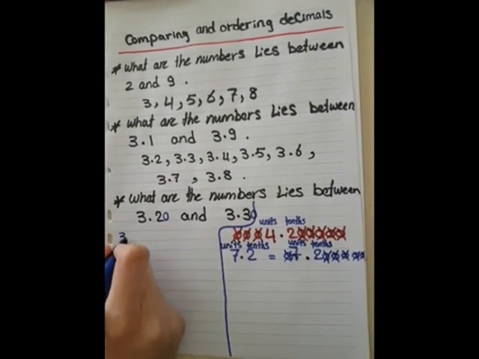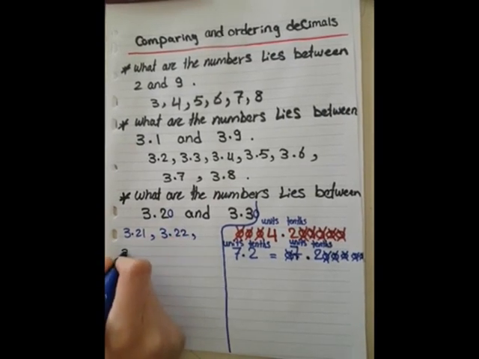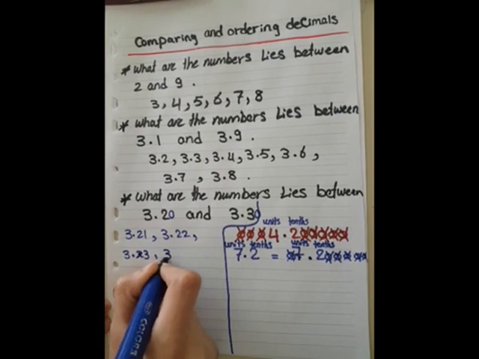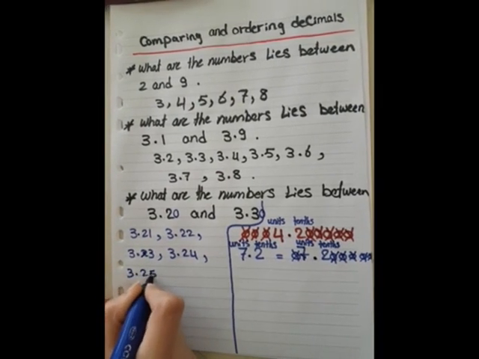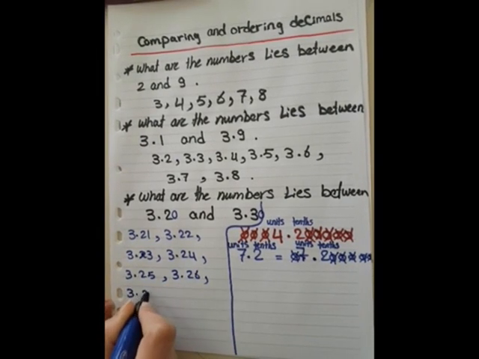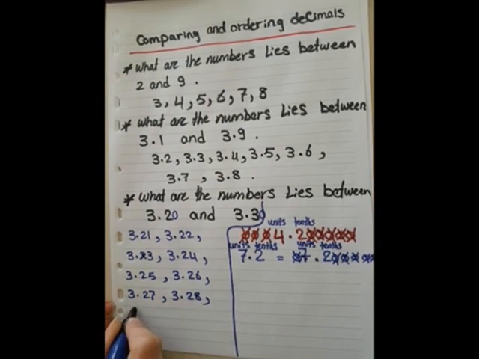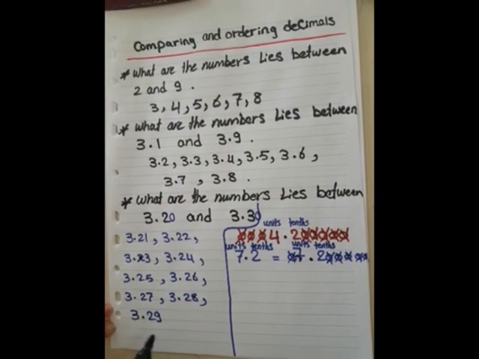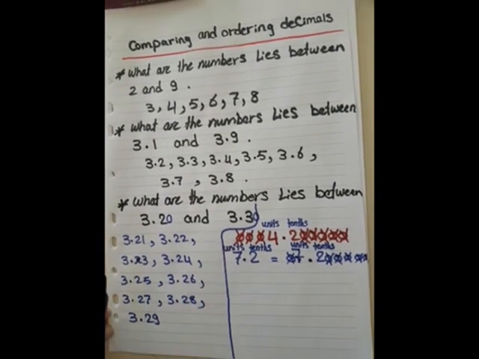Of course, we have 3.21, 3.22, 3.23, 3.24, 3.25, 3.26, 3.27, 3.28, and 3.29. That's all the decimal numbers which lie between 3.20 and 3.30.